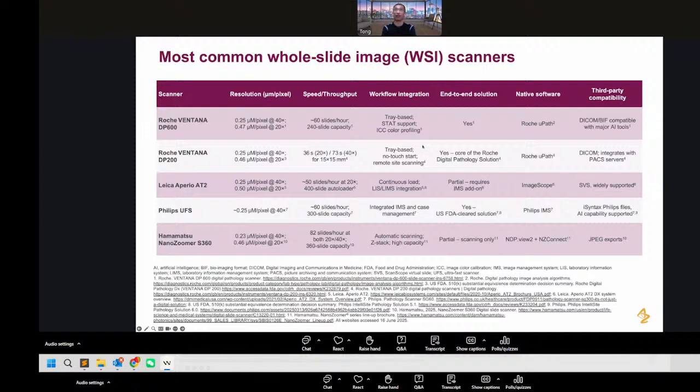If you think of Memorial Sloan Kettering, they have over 10,000 slides per year to scan. At 1 gig each, think of how much space they need to maintain, and that is just 1 year. If you think about storing digital images for 10 years, that's how much space you're going to need, and those are all costs.